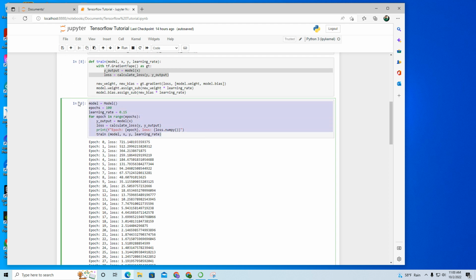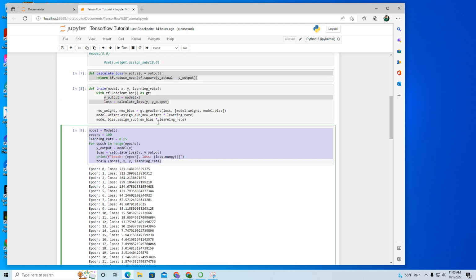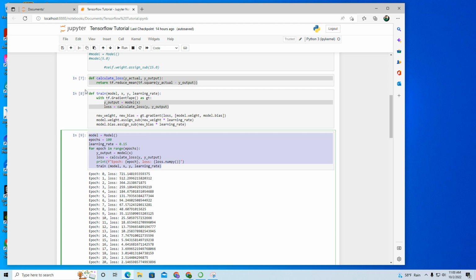So this would be our model training, with epochs in range. Epochs are how many times it's going to run this model. You might think that the more you run it, the more accurate it would be, I guess. But throughout these training videos, it's been explained that there is a point of diminishing returns.